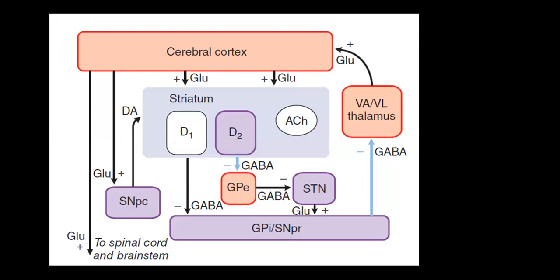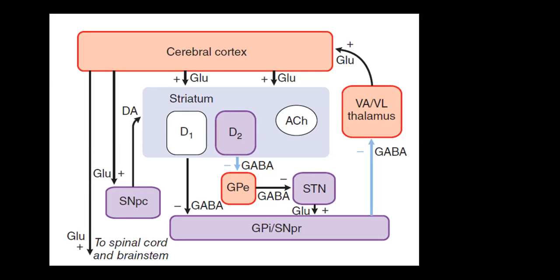Here is the basal ganglia in Huntington's disease. Neurons that project from striatum to the globus pallidus externa and form the indirect pathway are affected earlier in the course of the disease than those that project to the globus pallidus interna. This leads to an inhibition of the globus pallidus externa.